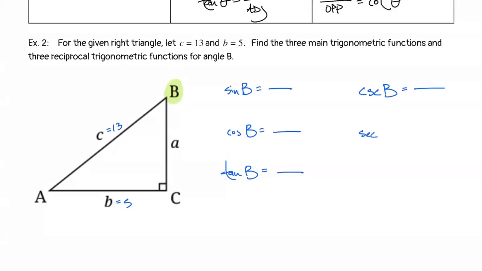Good, secant B. All right, what is the reciprocal of tangent? Good, cotangent B.